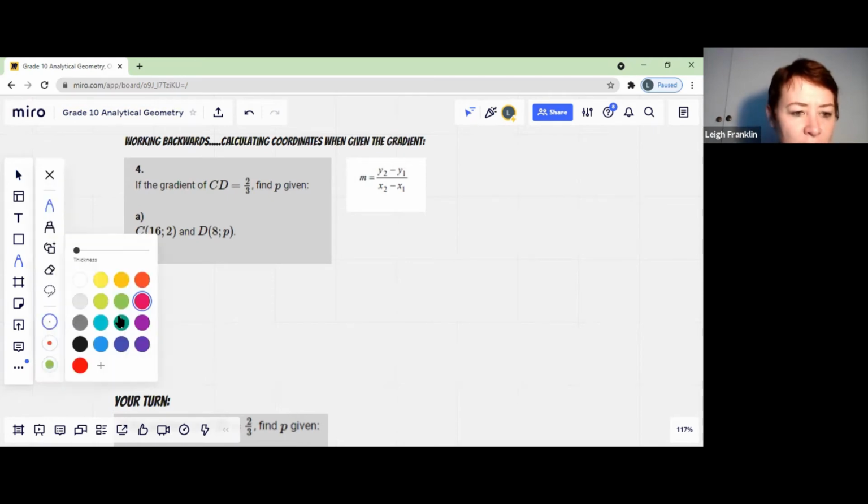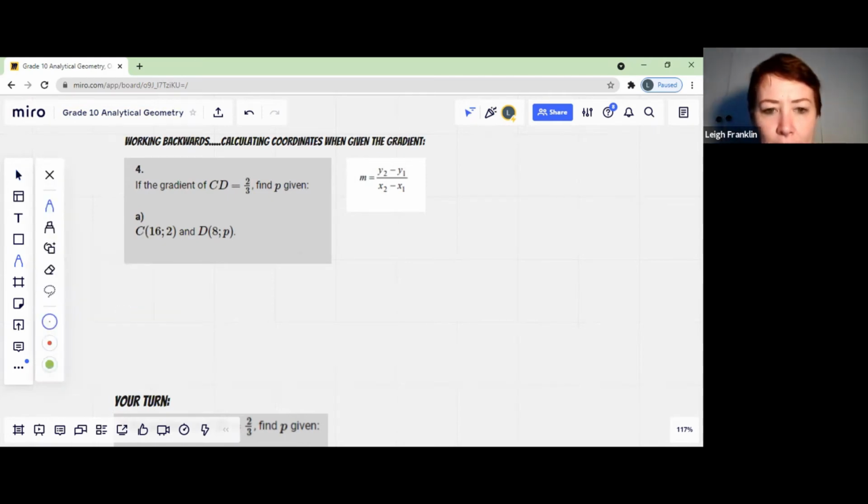Okay, so now what I'm going to do is use my gradient formula. I'm going to write it down. And what am I going to write in place of M? 2/3. Good, Katlejo. So in place of M, I'm going to write 2/3.